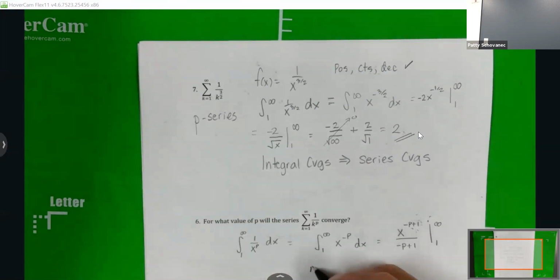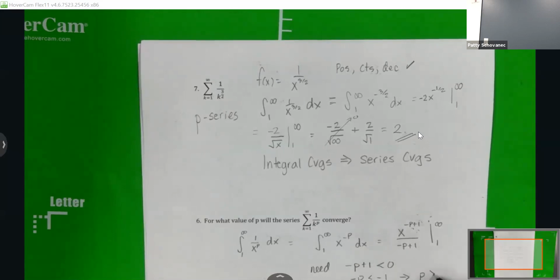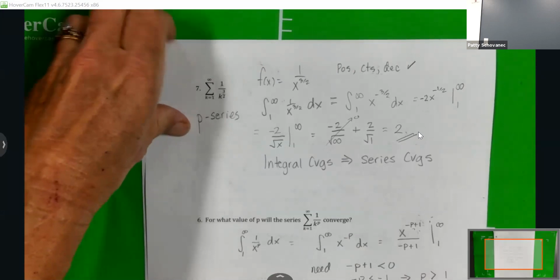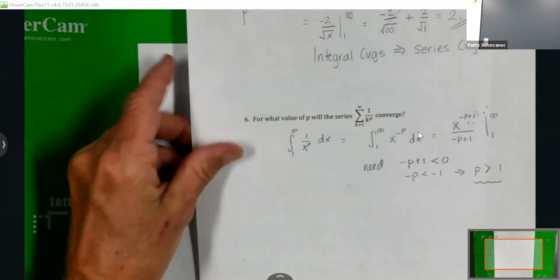We would need the power to be a negative number so that I could rewrite that x in the denominator. So if I solve this for p, I would have that minus p is smaller than minus 1, or that p itself is bigger than positive 1. For any value of p bigger than 1, 1 over k to the p will converge.